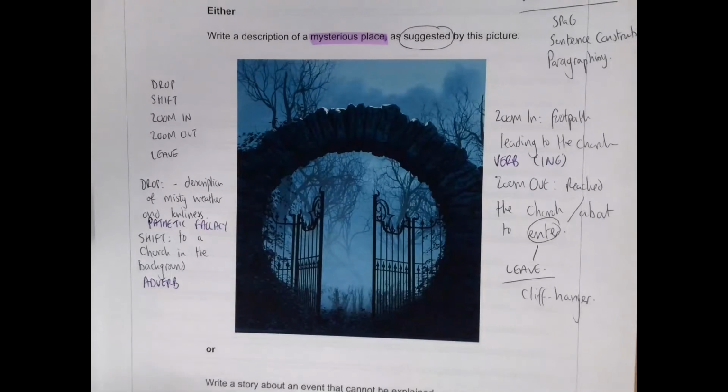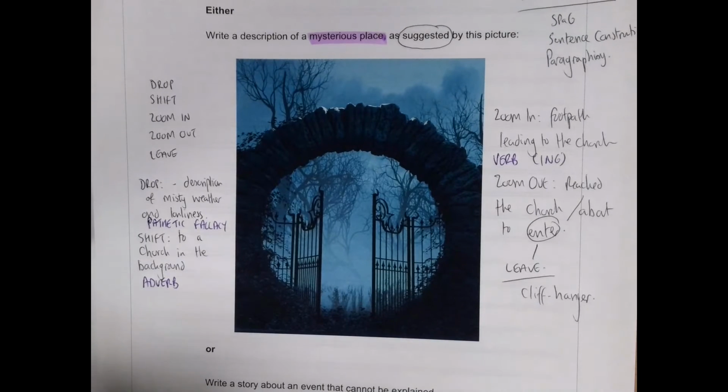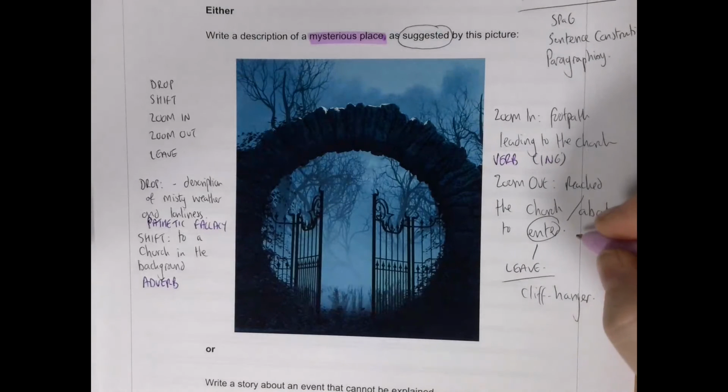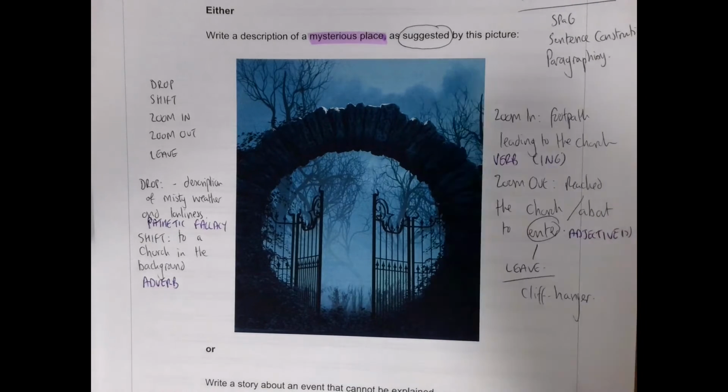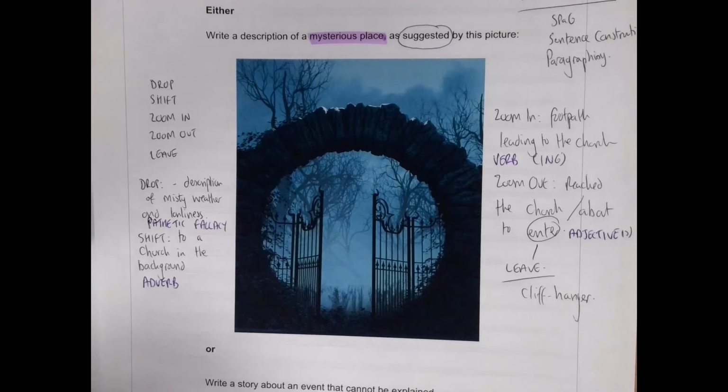Again, that's going to show the examiner that I've got a control of language and that I'm really considering how to organise my work. When I zoom out, I think it might be really useful to start this section with adjective or adjectives, maybe a list of 3, to kind of bring that away.